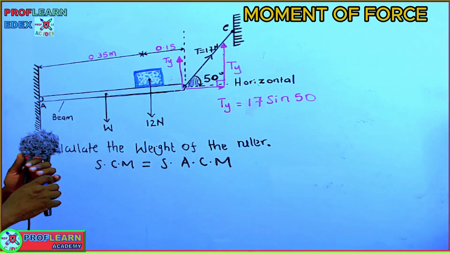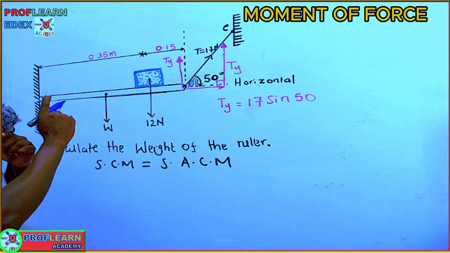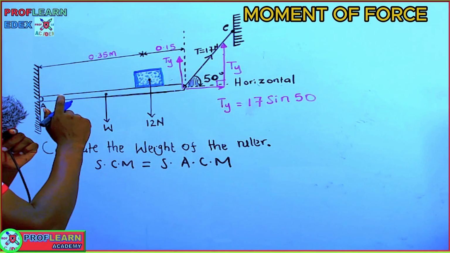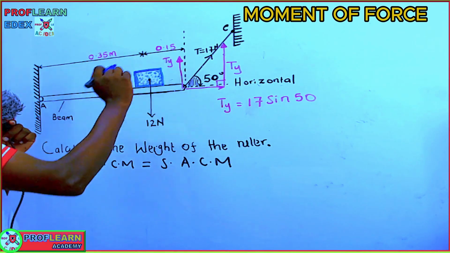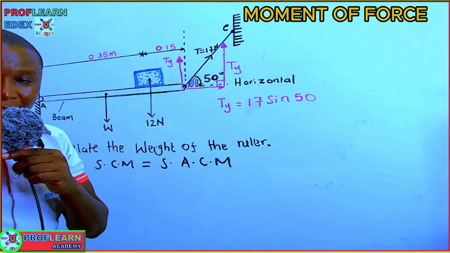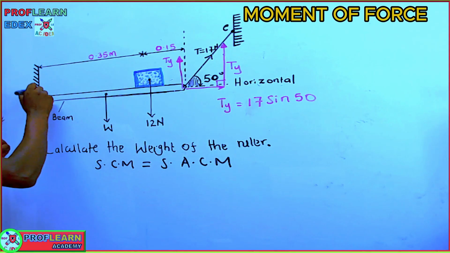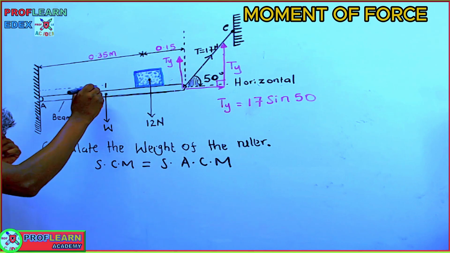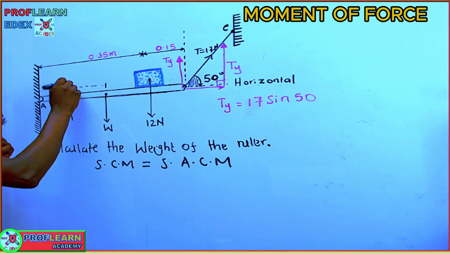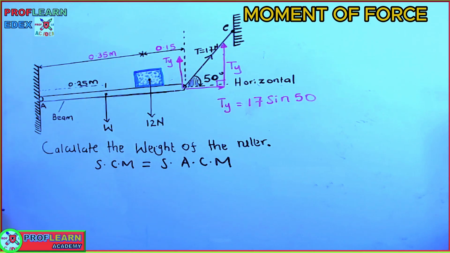Looking at this, if we add 0.35 plus 0.15, that gives 0.5 meters. The weight usually acts at the center, so it is going to act at 0.25 meters at this given point. That's where the weight is acting.